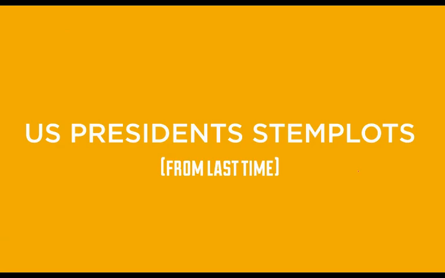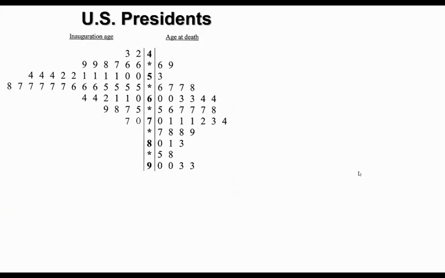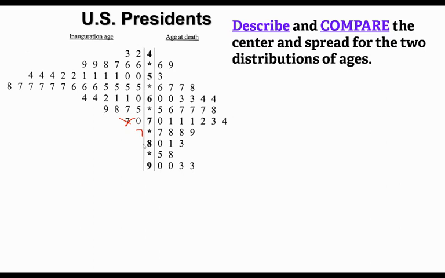Okay, U.S. President stem plot from last time. Here's our stem plot. This 7 needs to be moved over here. If we're going to compare the distributions, we want to use comparative language. It gives you a chance to pause it.